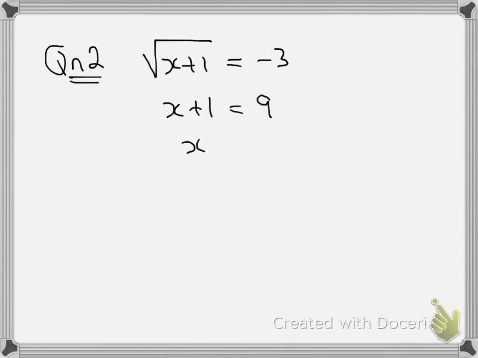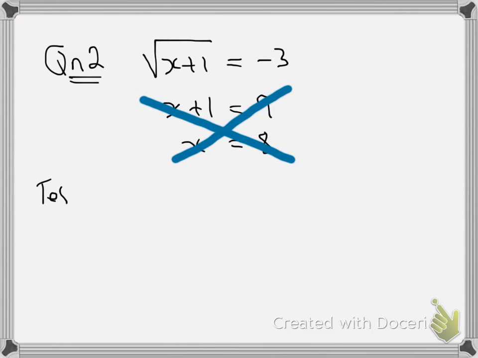Cool, and then I get x equals 8. How's that look? Well, unfortunately, we've got some bad news. That is wrong. We can't do that. And why not? Well, let's take that answer and test it. We put 8 plus 1, take the positive square root, we get 3, not negative 3.